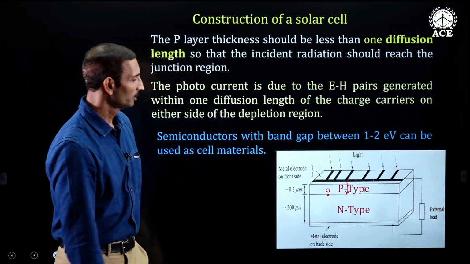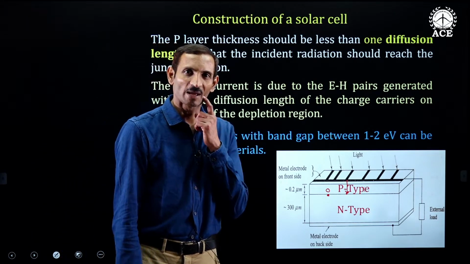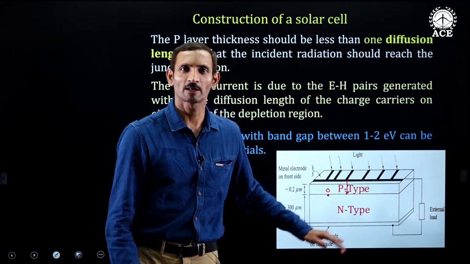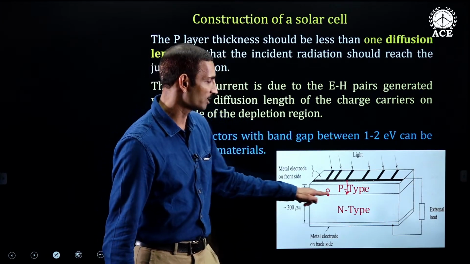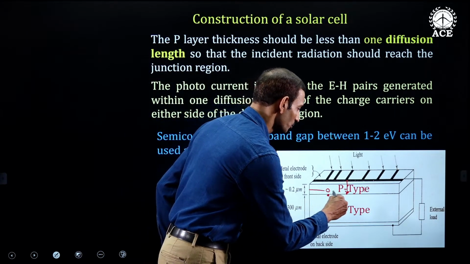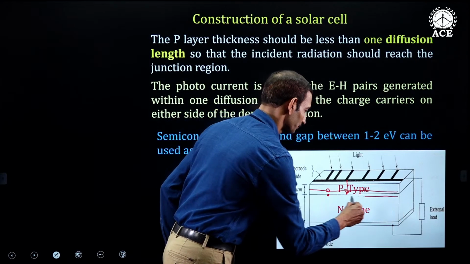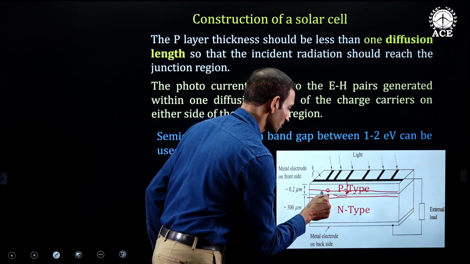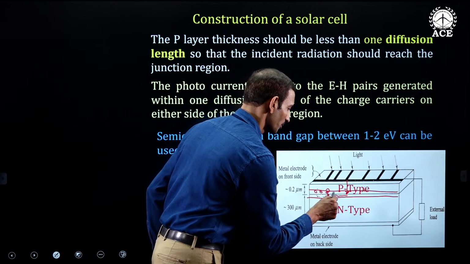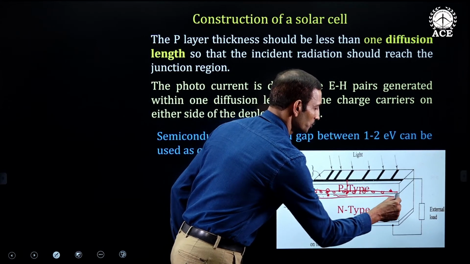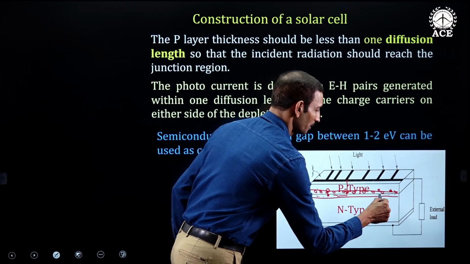So there is a potential barrier that is already there without any bias. This potential barrier would control these charge carriers and limit them to a very close region at the junction. These charge carriers would be formed only over here. So holes would be over here, electrons would be here.